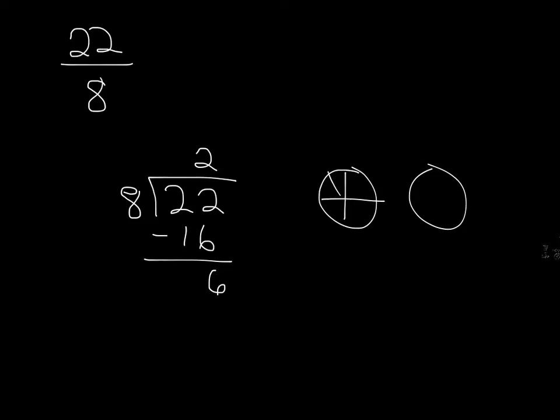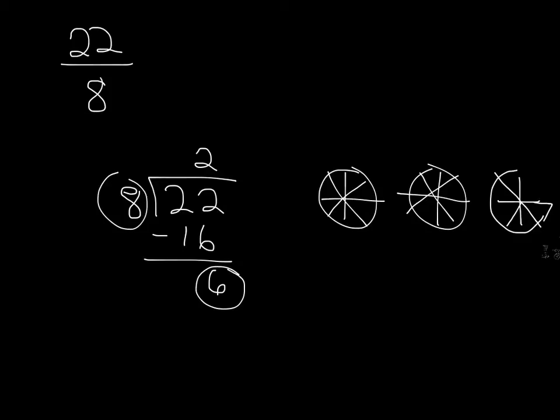That'll be 16 eighths. And that will leave me 6 eighths left over. Okay, and so there we see the 6, there we see the 8. It is 2 6/8. The remainder is the numerator, the divisor is the denominator.